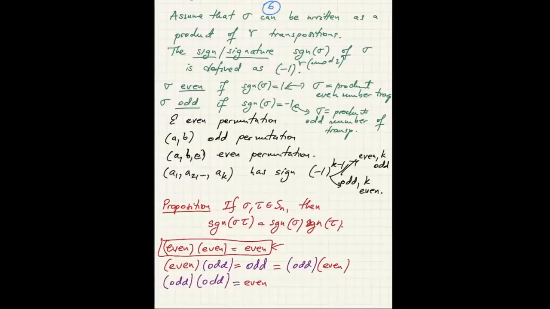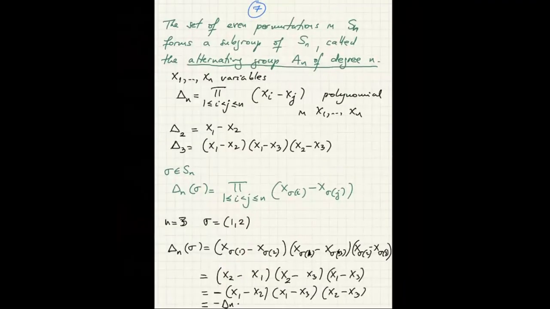It's not too hard to see, because of this property, that the cardinality of Sn, as we know before, is n factorial, and the cardinality of An is n factorial over 2. So we have as many even permutations as odd permutations, namely n factorial over 2.